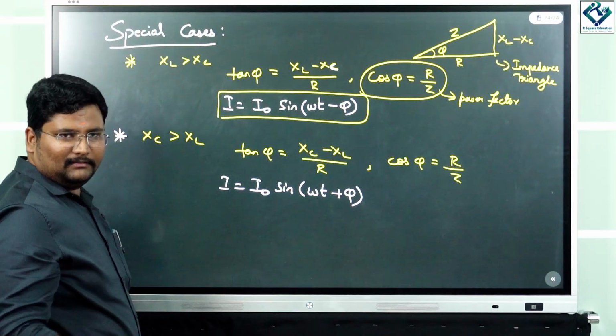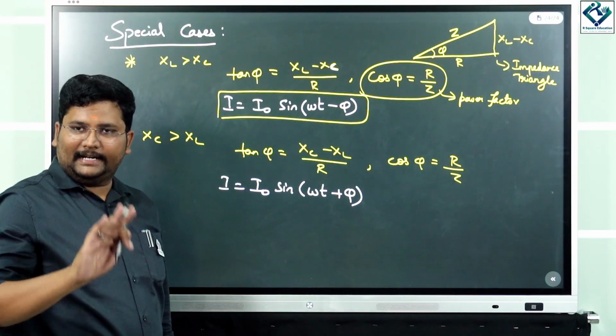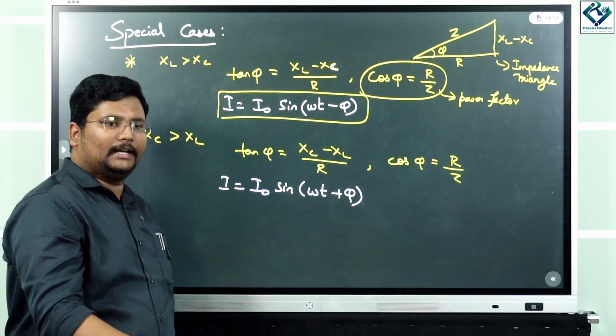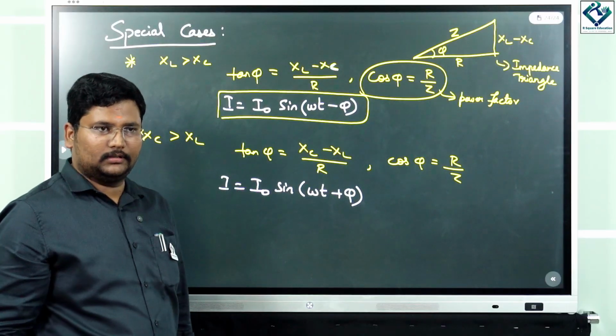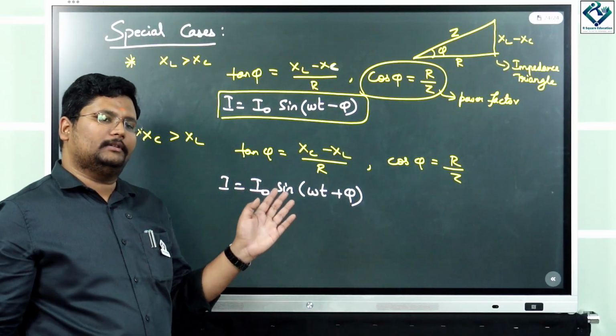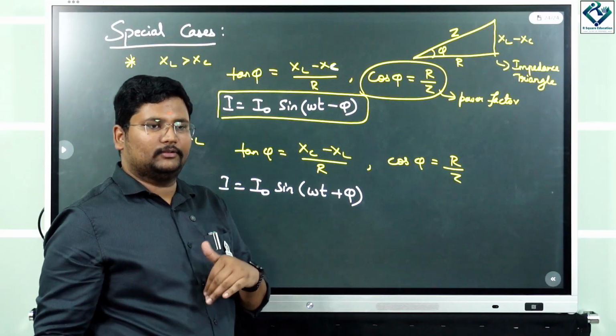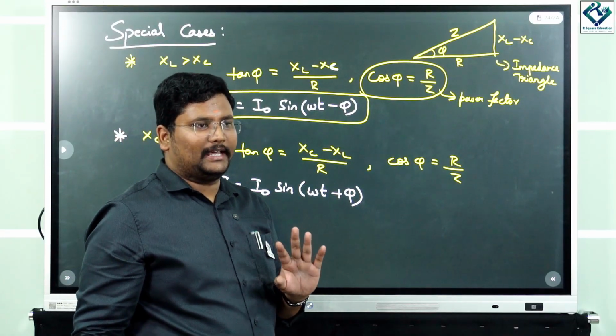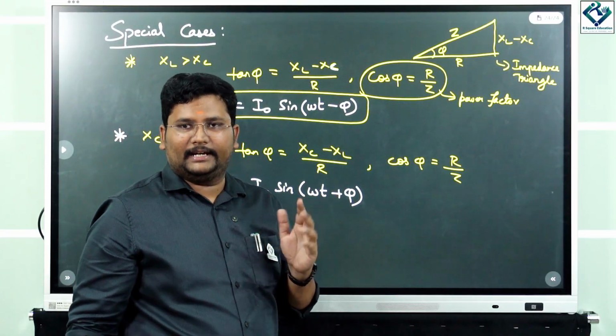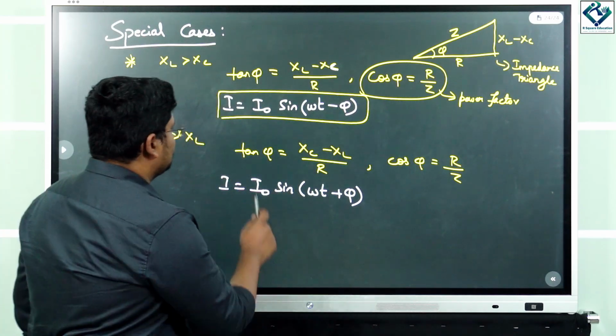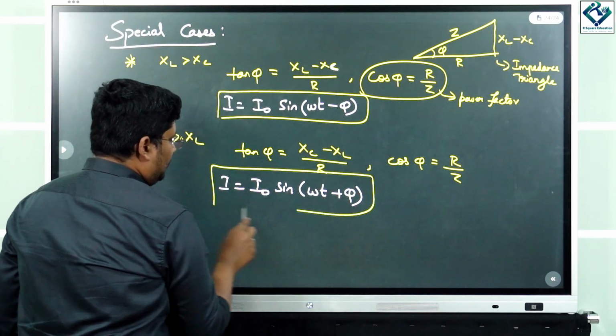That phi can be anything. It will be only 90 degrees when you are considering a purely inductive or purely capacitive circuit. But once you get resistance into the role, obviously there might be lag or lead with respect to the phase angle. So you cannot have it always 90 degrees. It can be any kind of phase angle. Okay. So this is going to be your current.